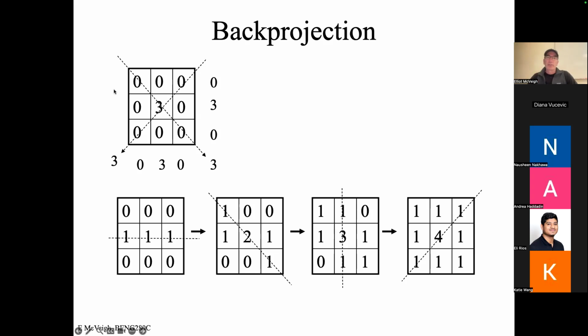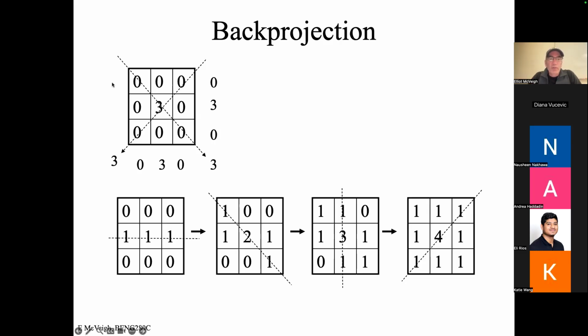So what do our projections look like for this image? Let's say we take 6, 7, 8 projections, right? So we've got one projection across here. Our measured value is going to be 0 because they're all zeros. One projection across here, the measured value will be 3. That's how much attenuation occurred, etc.